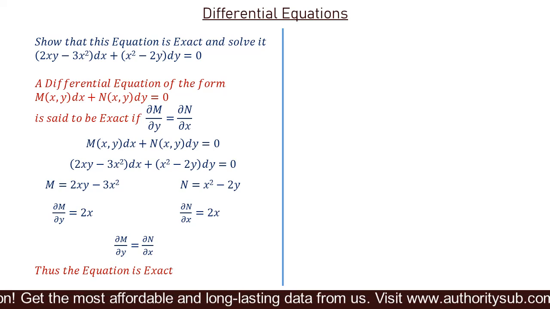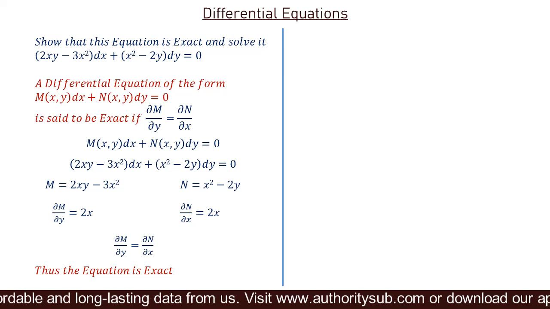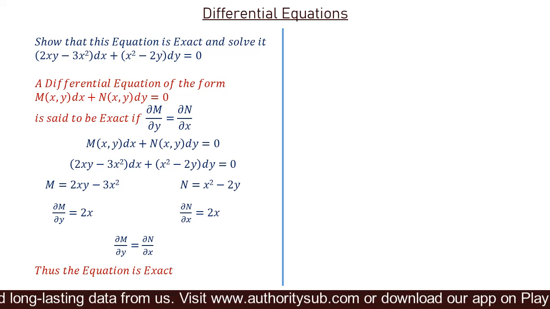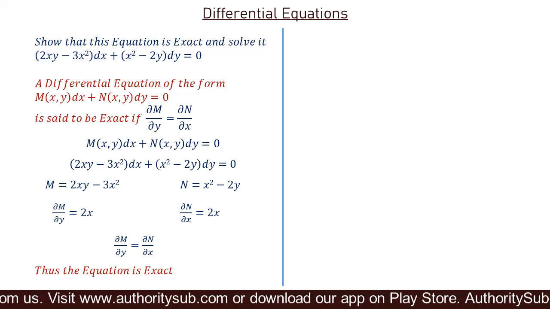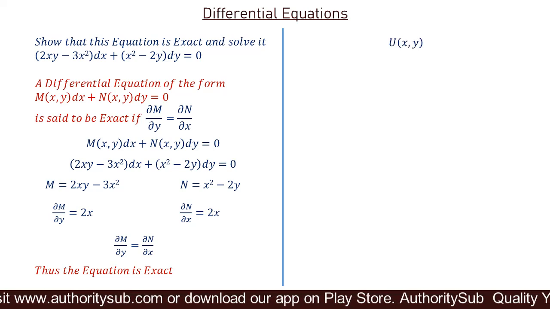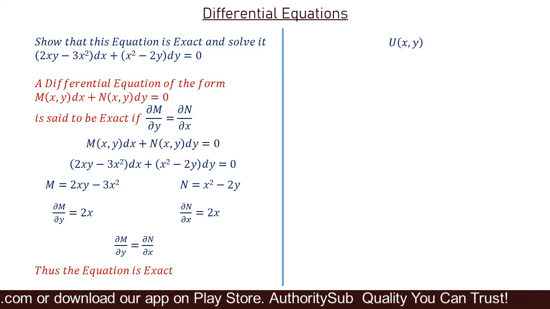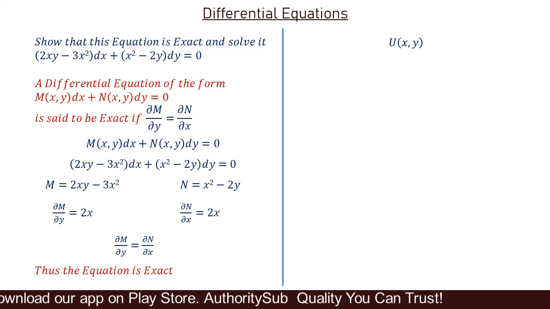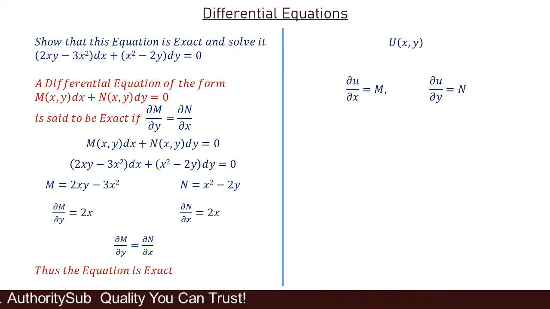For us to find the solution to this particular differential equation, we are going to look for a function, let's say u(x,y). This function u(x,y) should be a function in such a way that when you differentiate this u partially with respect to x, it's going to give you M.